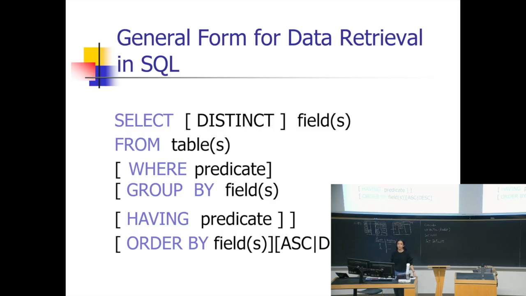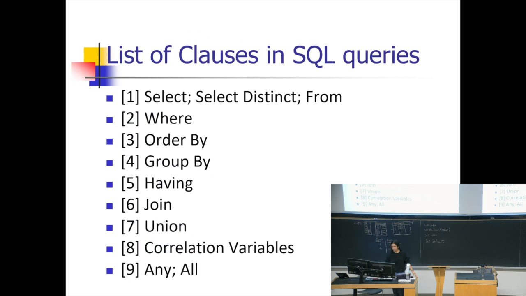And then order by, if you want to see the result in a specific order, like ascending by a specific column. These are the list of clauses in SQL queries. As I mentioned, we have select, distinct, from, where, where you add your conditions. Order by, if you want to sort the results.